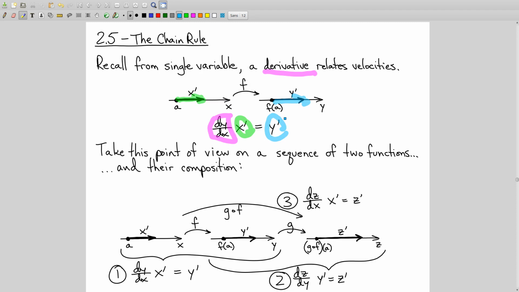So again, there's different ways to think about this. You can view this as what should be a primary interpretation of the single variable derivative, right? Input changes to output changes, after all.